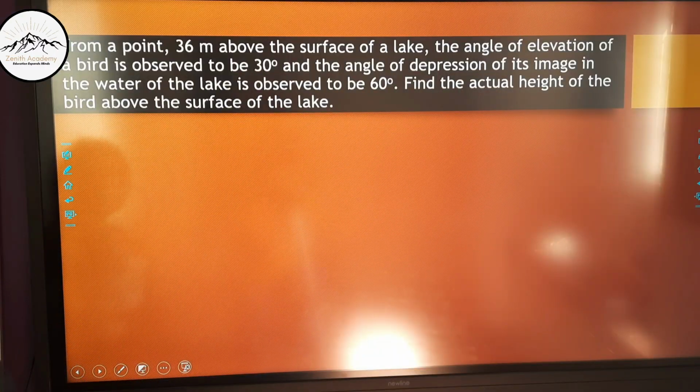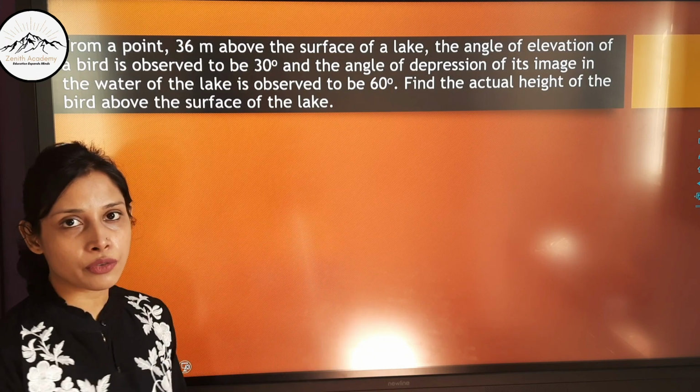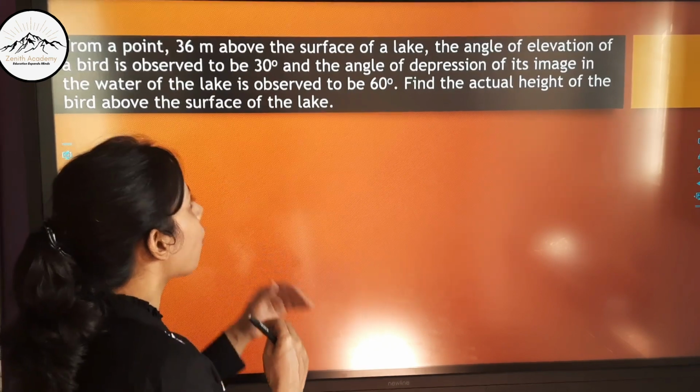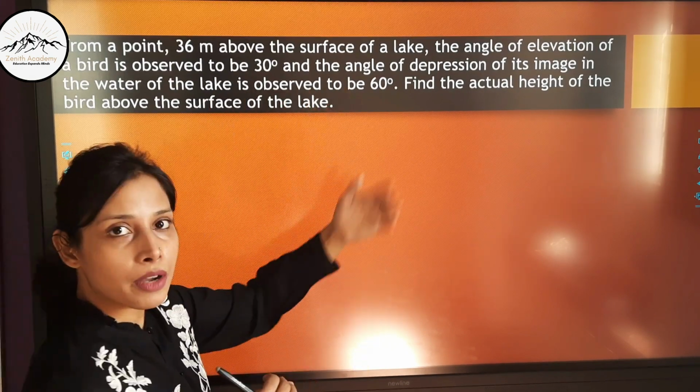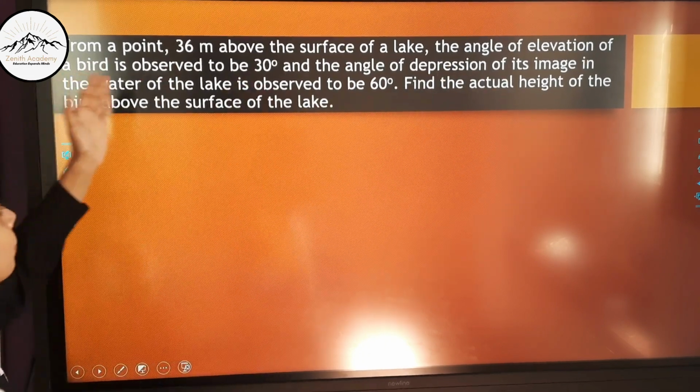So the question is, from a point 36 meter above the surface of a lake. Start imagining what the question is saying. From 36 meter above the surface of a lake, the angle of elevation of a bird.